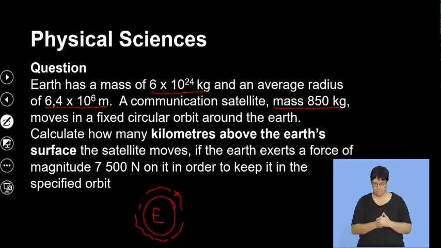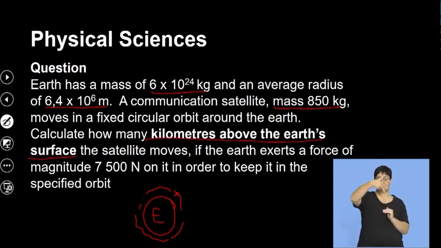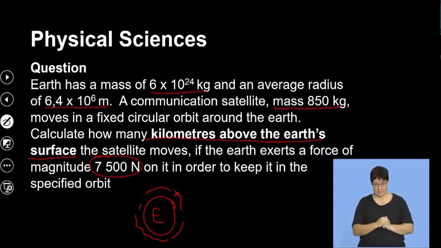Then they say calculate how many kilometers above the Earth's surface the satellite moves if the Earth exerts a force of magnitude 7,500 newtons on it in order to keep it in the specified orbit.